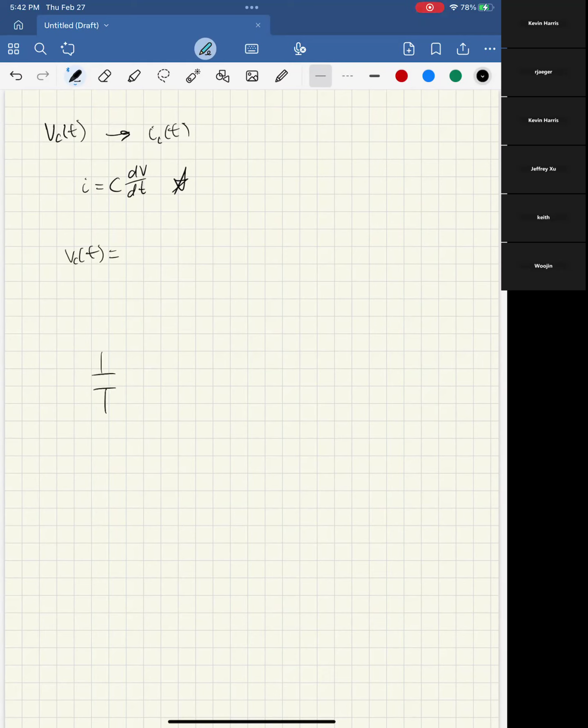If we get VC of t equals like 8e to the negative 5t, then the current, if you take the derivative, and I really hope all of you know how to take the derivative, would be negative 40 e to the negative 5t. And since it's negative 40, that would mean that the current is going that way.